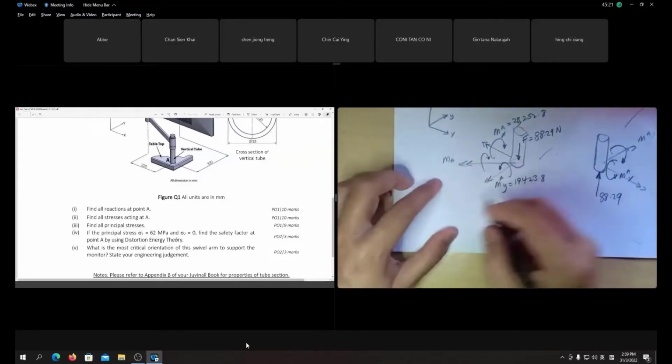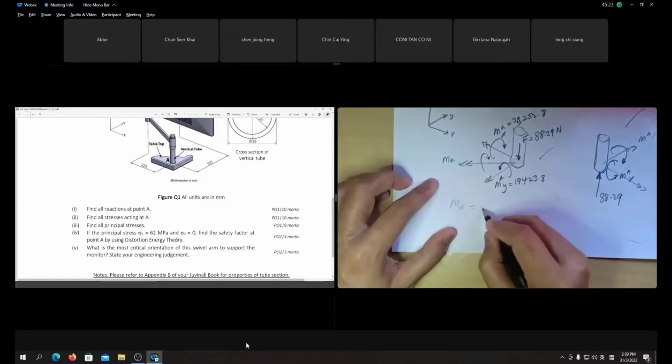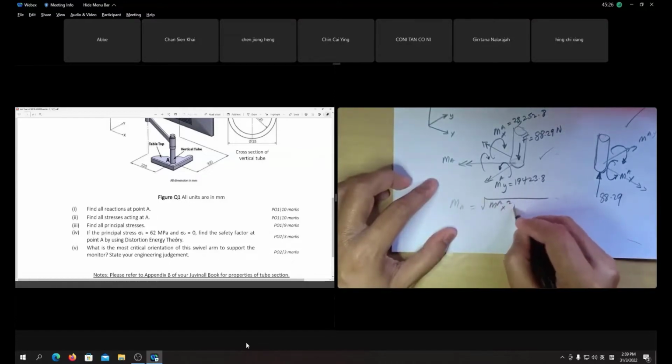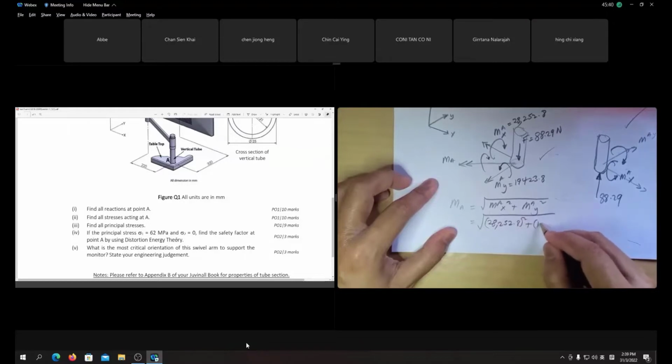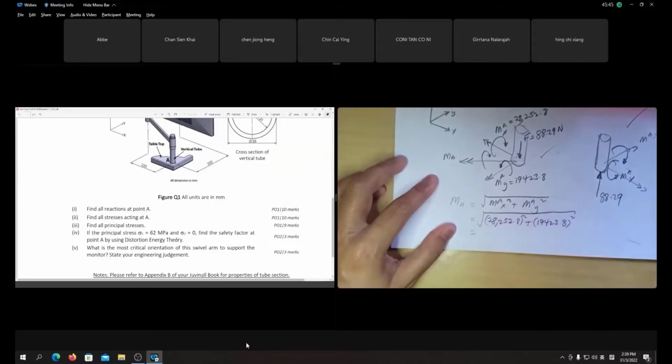This is a vector. So total MA ni you kena calculate lah. Where is your MAX square plus your MAY square. So you will get the value is 28,252.8 square plus 1942.3.8 square. So you got the value is square plus 28 242.8 square.